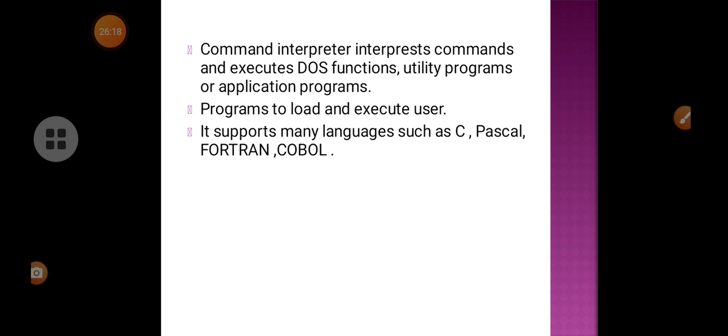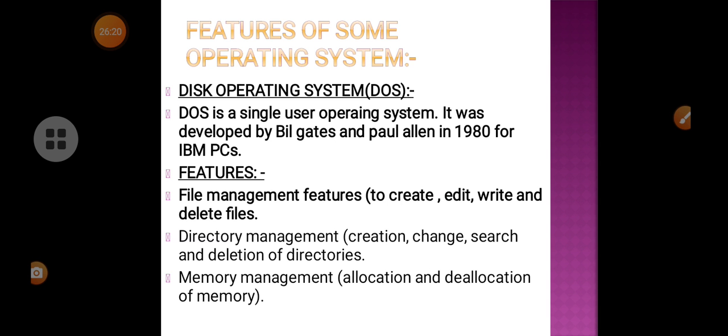So in the first class I discussed the three computer system components: software, hardware, and the users. In computer software, there are two types, system software and application software, and also general purpose software.